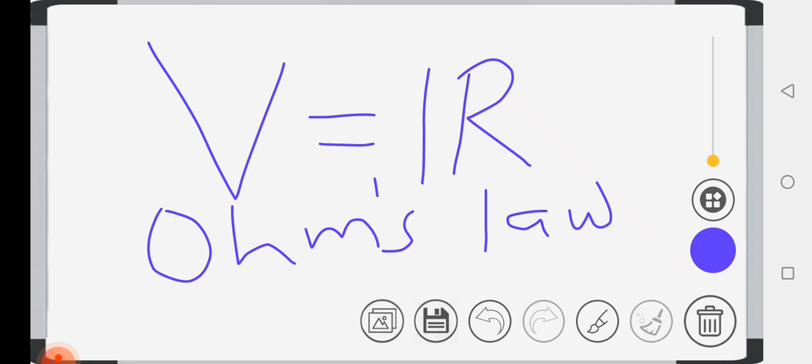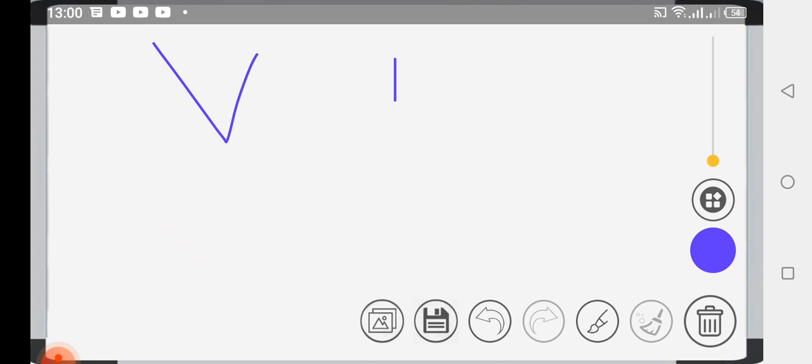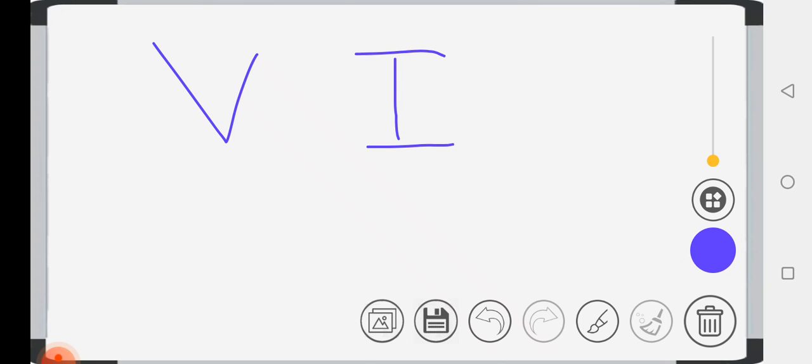Alright, so this will be it. Now that you know this, you can actually work with all of it. For you to know electronics, you need to know the voltage, you need to know what current is, and you need to know that there are components that offer resistance, and we can start from here. In physics, we just said that V is equal to IR, and this is simply Ohm's law.